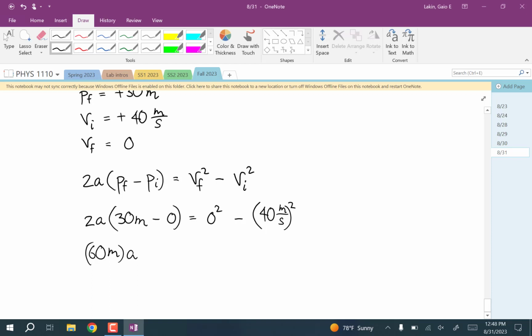I rearranged some stuff just so you can see we're trying to isolate A, solve for A. And then on the other side, you have 0 minus 40 squared times meters squared per second squared, because you have to square everything in those parentheses. So this is minus 1,600 meters squared per second squared.